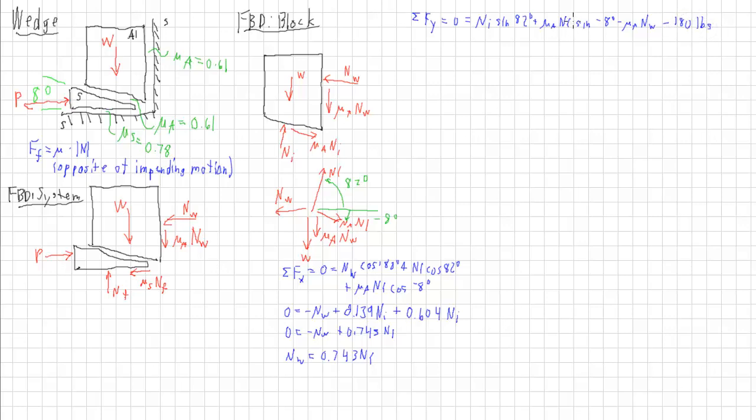Okay, well, here we have, again, one equation with two unknowns, Ni and Nw. We're going to simplify this and then put this expression into here.